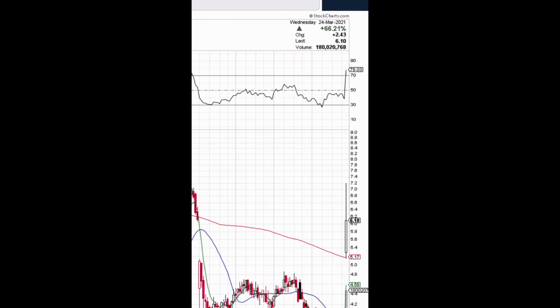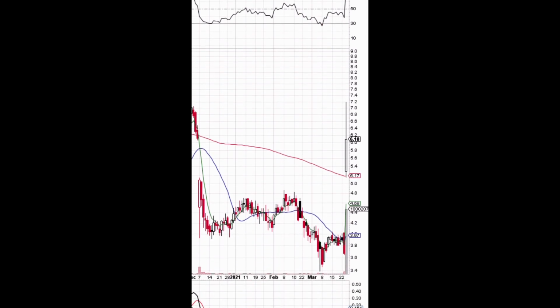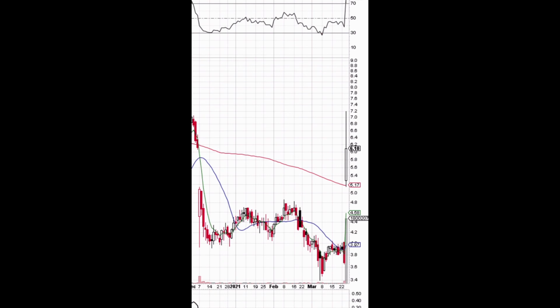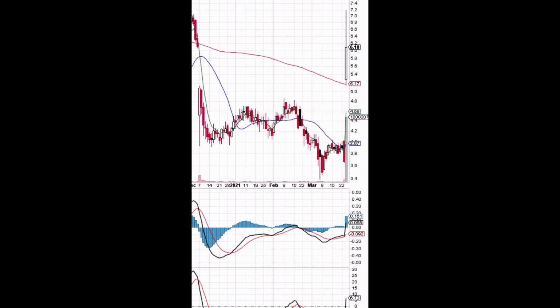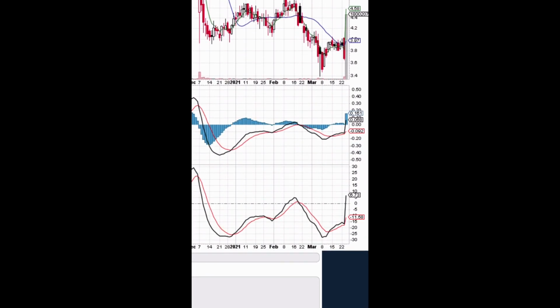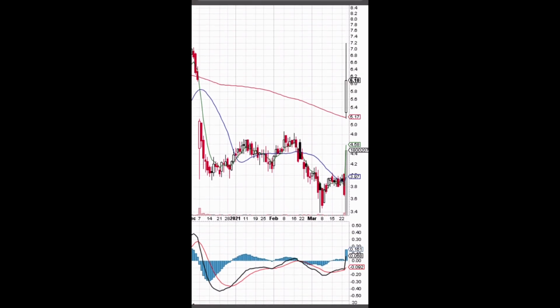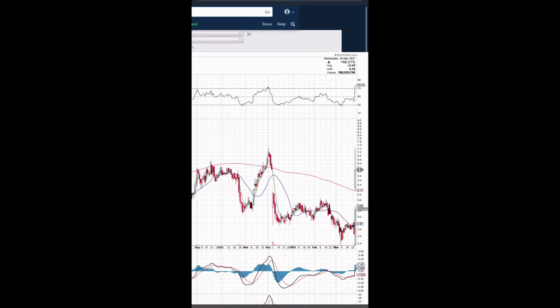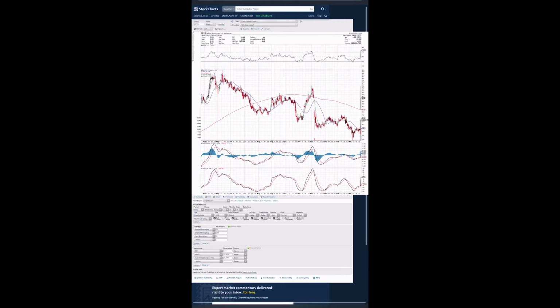And look at the percent increase. That's 66%. If you missed this, I wouldn't even consider jumping into it at this point because it's already taken off. All the other indicators just show that it just took off. This is not common, but for those of you that got in on this, you got a good one.